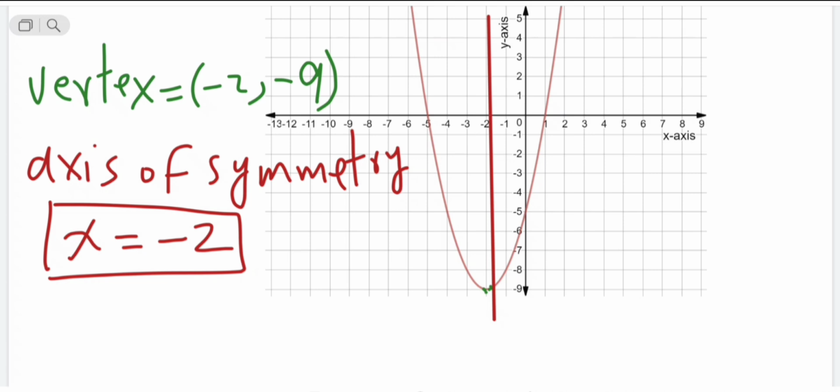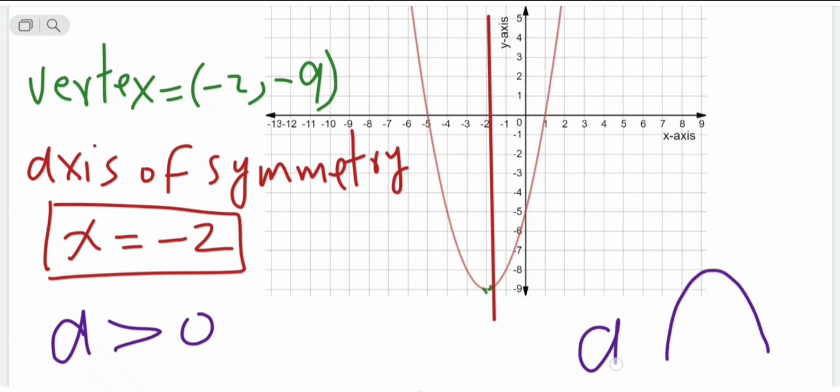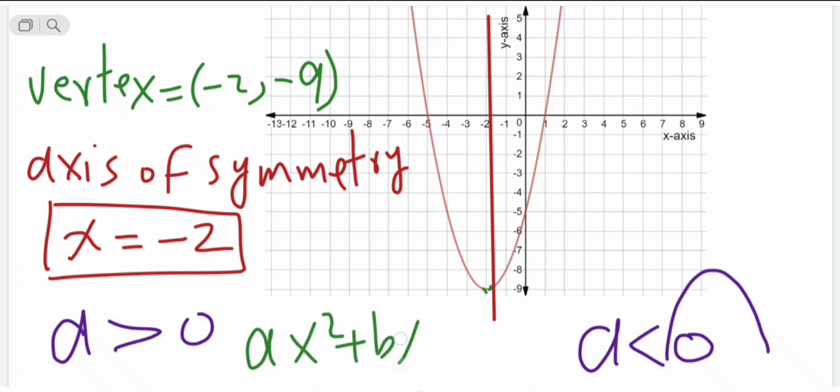Then the third thing, the direction of the graph. If the graph opens up, we say a is greater than 0. If the graph opens down like this, then a is less than 0. So a greater than 0 means 1, 2, 3, any positive number. What is a? You know the quadratic equation is ax square plus bx plus c.